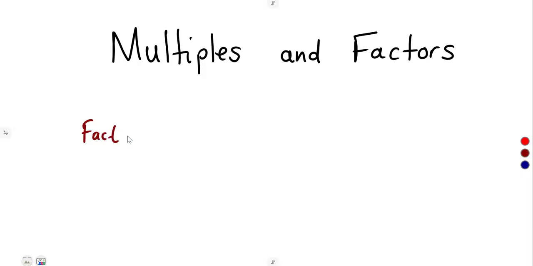Starting with factors, you understand that factors are numbers that can divide exactly into a number. All right? Factors are numbers that can divide exactly.